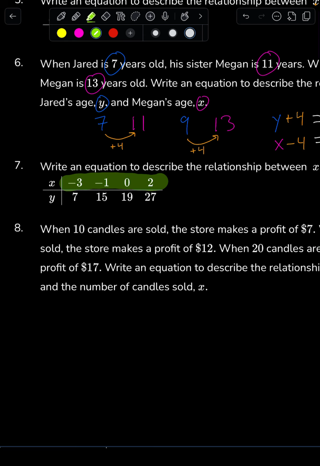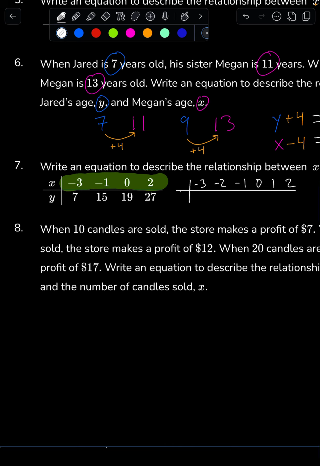So what I'm going to do first is rewrite this table over here, but I'm not going to skip anything. I'm going to write -3, and then -2, and then -1, and then 0, and then 1, and then 2.